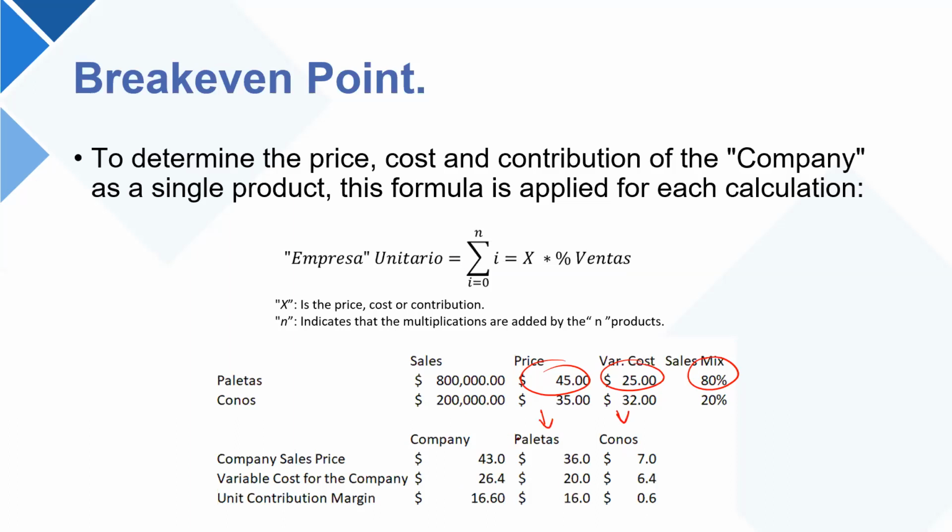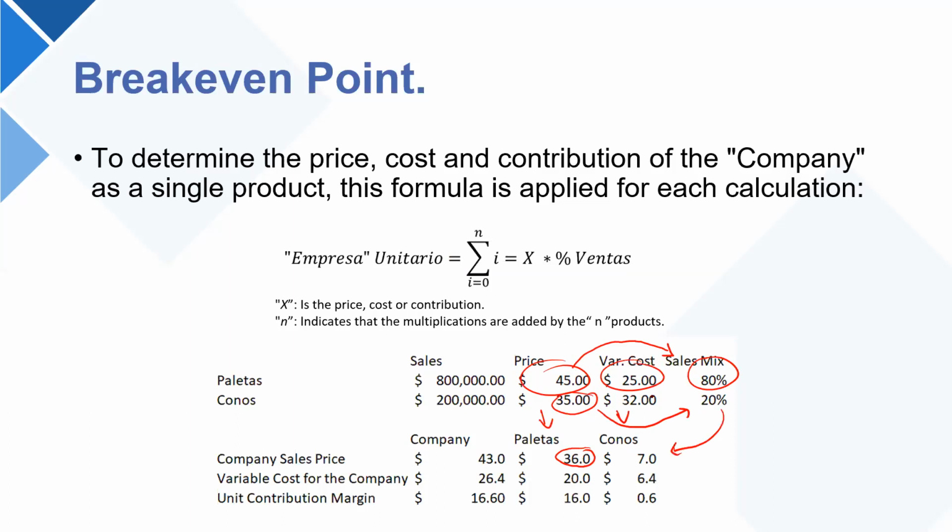Let's see what I mean by weighted average. You just multiply the price of the popsicle times its weighted average on the sales, and you get the proportion of price of the popsicles to the business, okay? You do the same with the cones, 35, but this time we multiply by 20% and you get that.